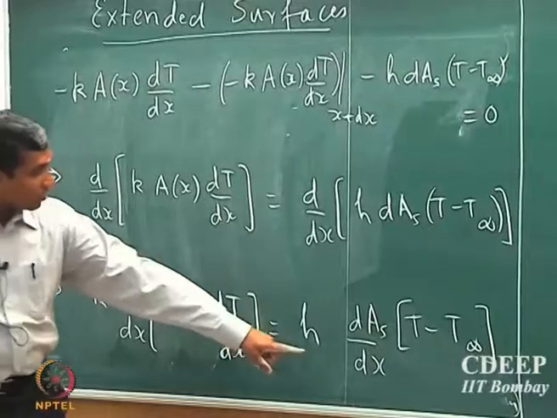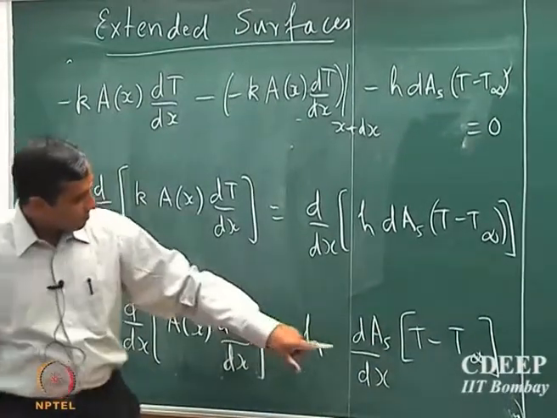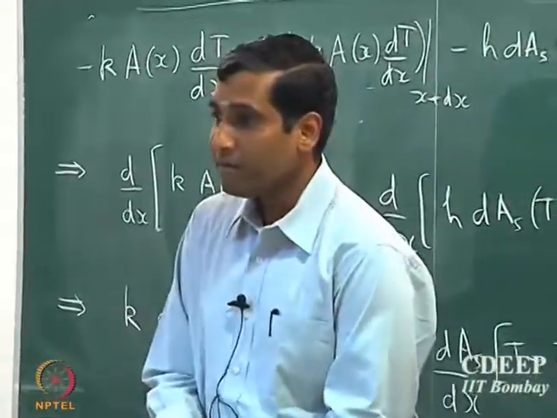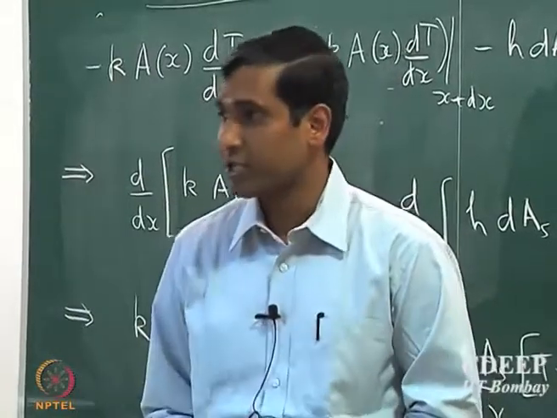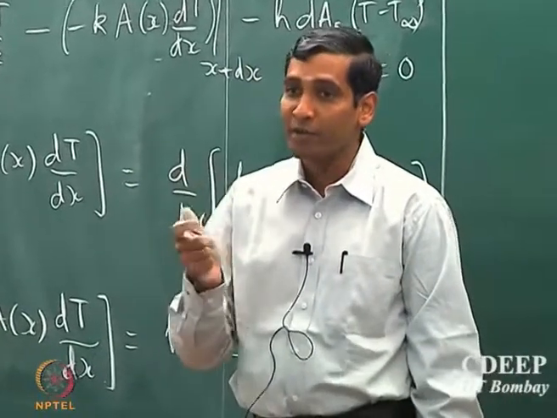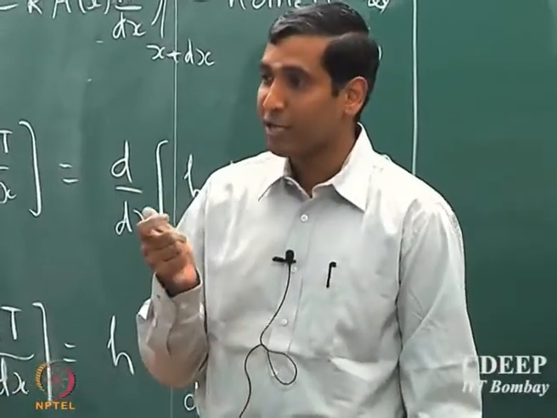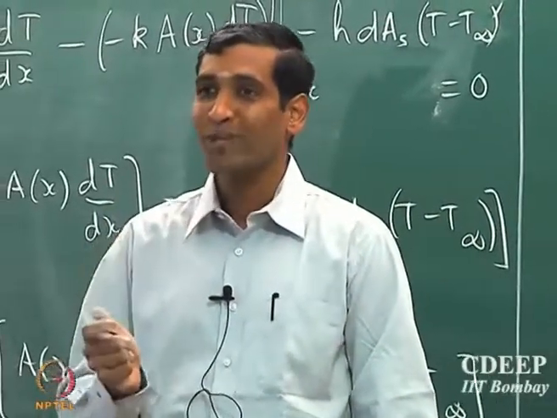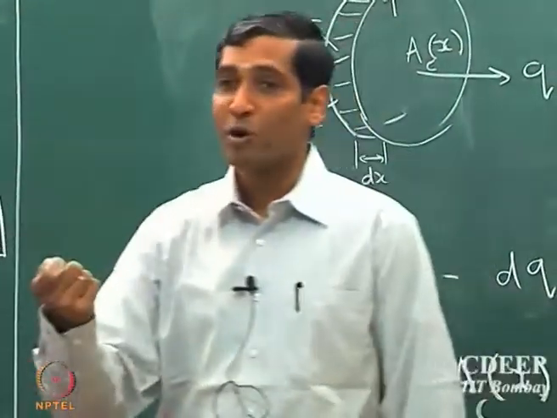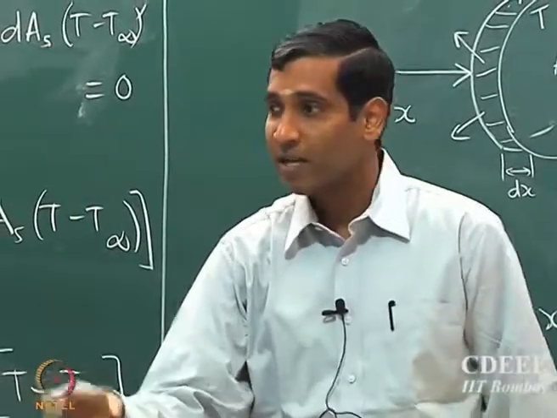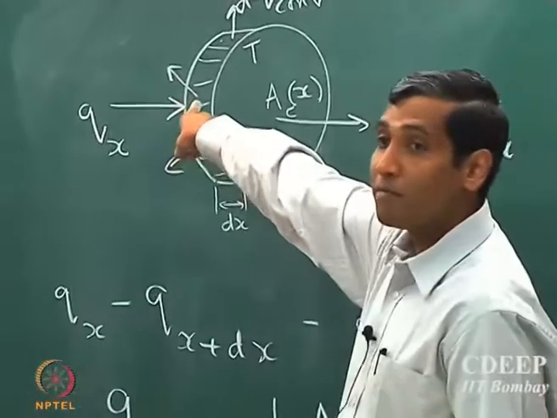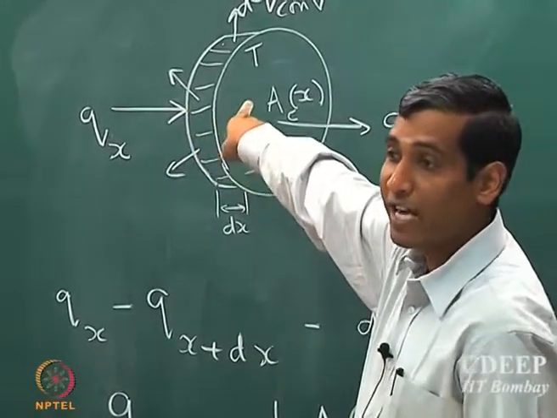This is a very important assumption that you make in a differential balance: the element is small enough such that the local quantity remains constant in that element, and therefore the T minus T infinity in this small element must remain constant. It is not a function of dx.